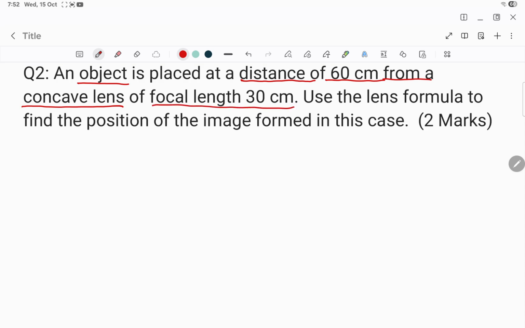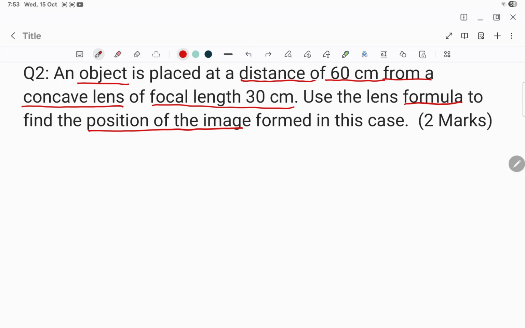Use the lens formula to find the position of the image formed. Position of image means image distance we have to calculate. Object distance is given, focal length is given, image distance we have to calculate.